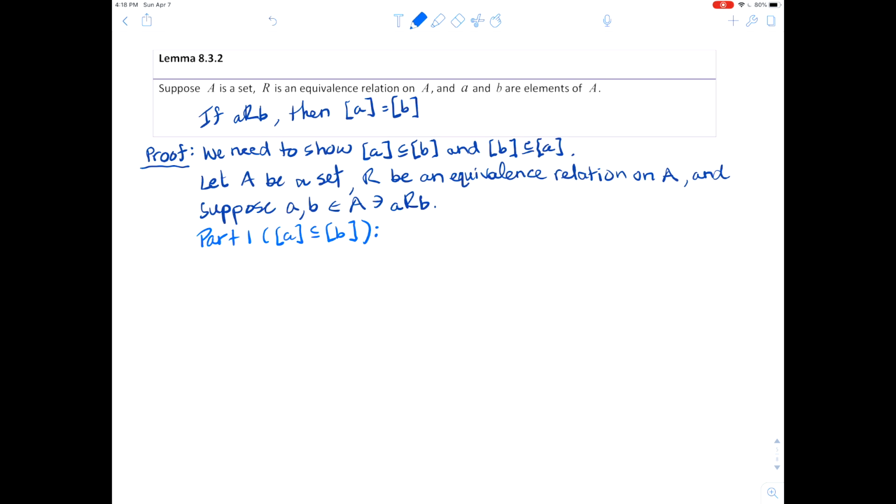We need to show that if x is an element of the class of a, then x is an element of the class of b. That is how we'll show that the class of a is a subset of the class of b. All right? Alrighty, let's do that. Let x belong to the class of a.